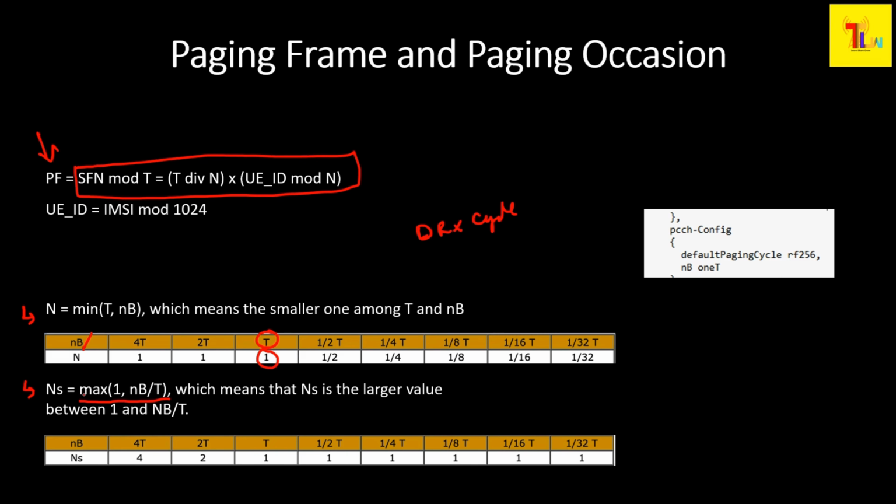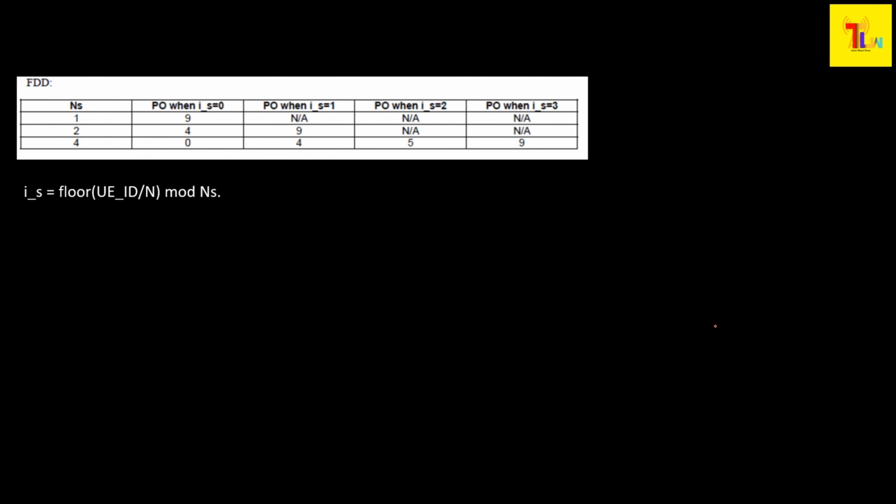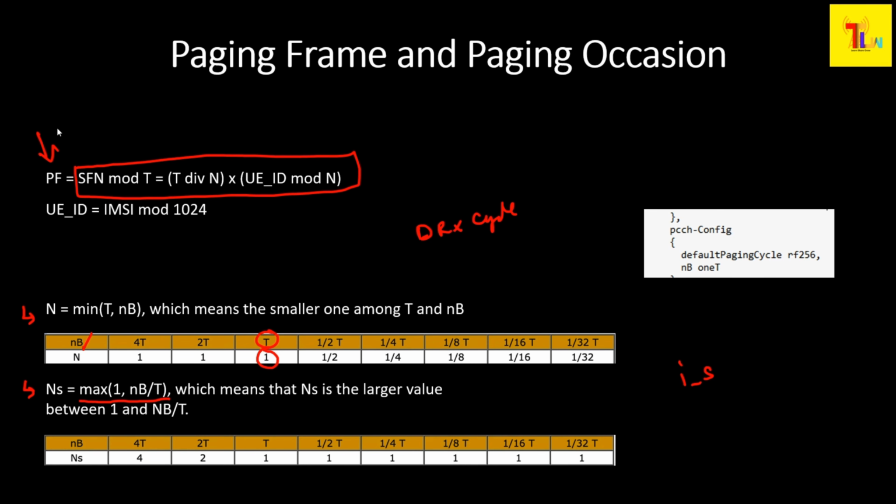Okay, and there is one more formula where we are going to calculate the IS. And for IS, there is a proper table. For FDD, NS can have three values, either 1, 2 or 4, and based on that we are going to have the paging occasion, where we need to find the IS value.